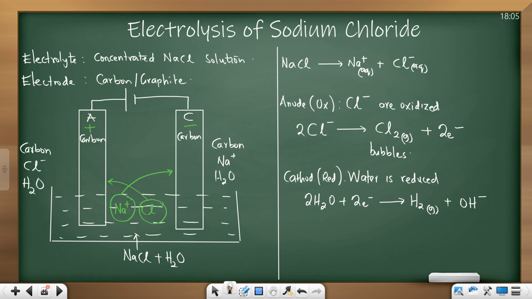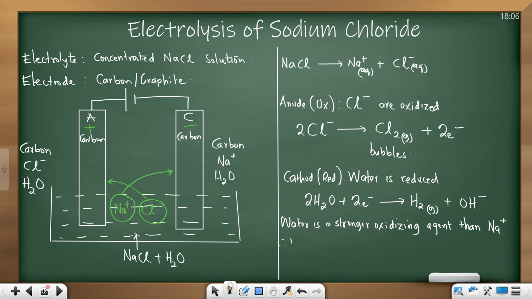Why is water reduced? Water is a stronger oxidizing what? Agent. Remember, it's reduced, right? Than what? Please don't write than sodium, because we don't have sodium in this. So always check your table. Do we have sodium here? No. Then sodium what?